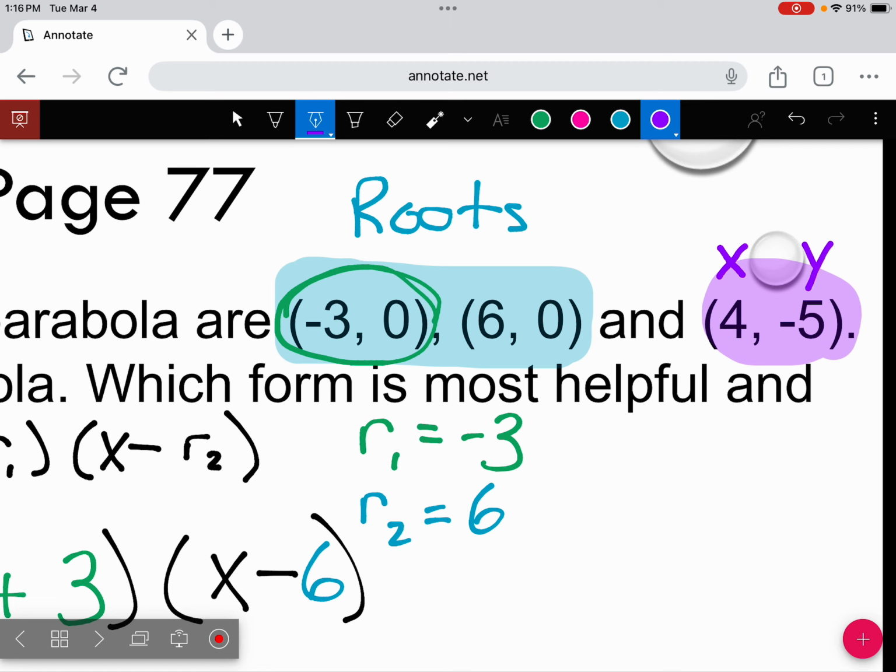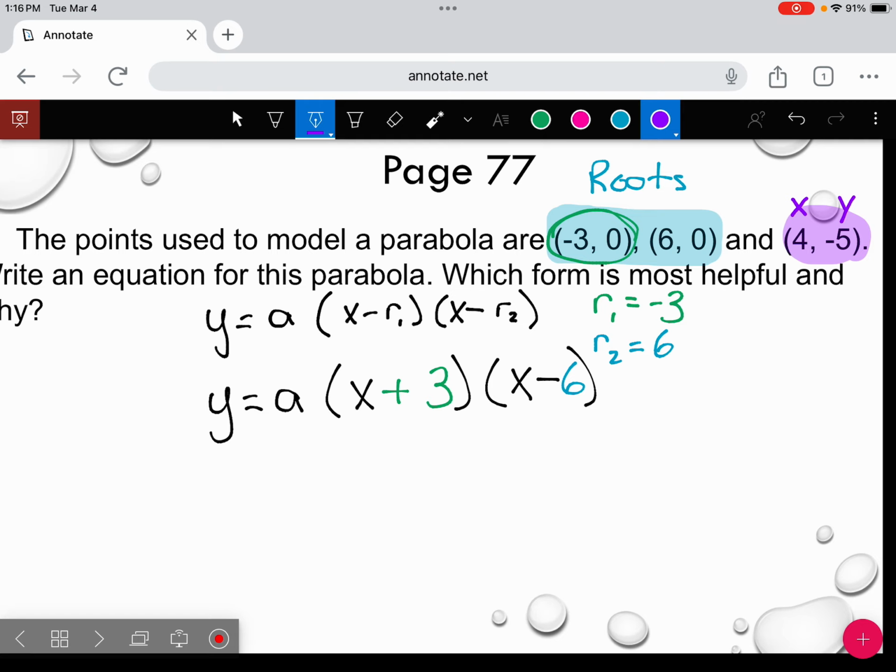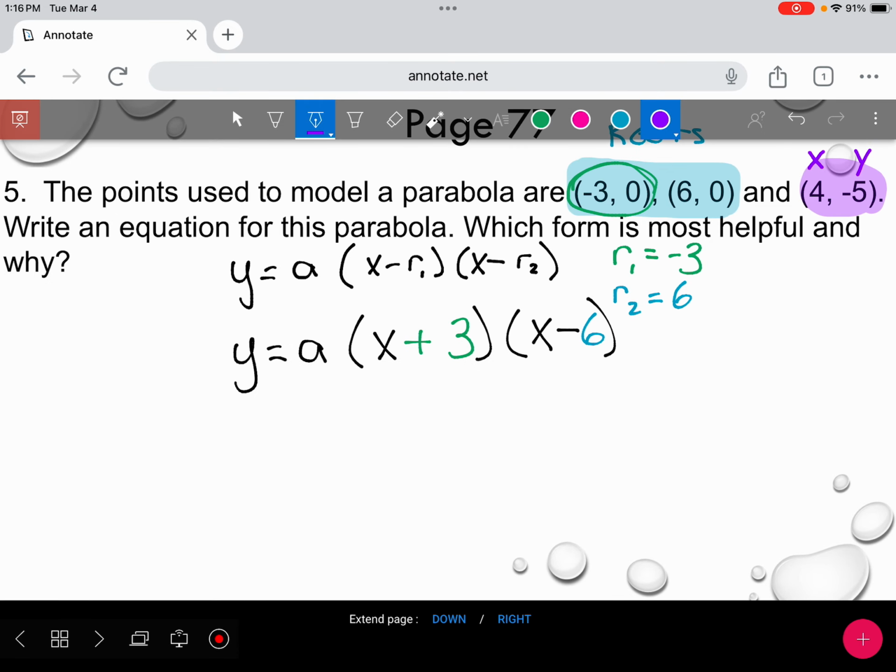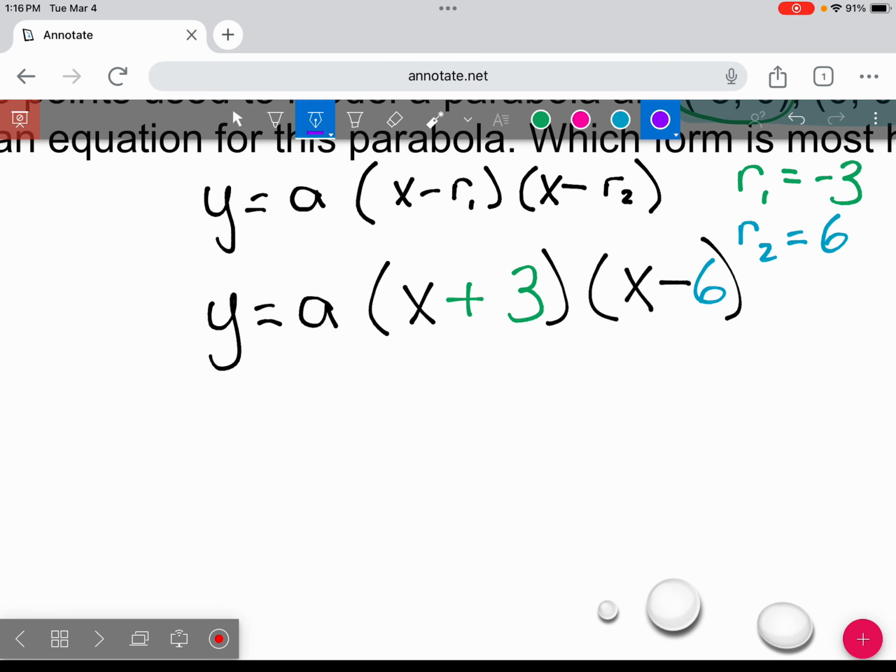It's an ordered pair, an x and a y. If that's on my parabola, it should make that statement true. So I can use it to solve for a. I can substitute in that last point, my -5 for the y.